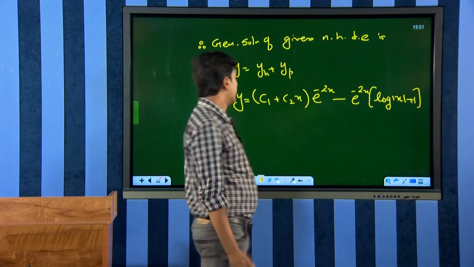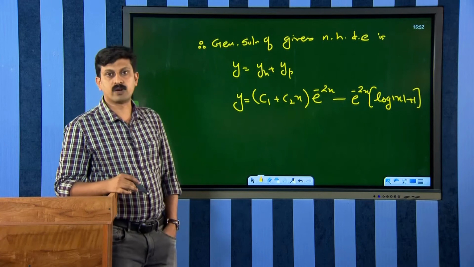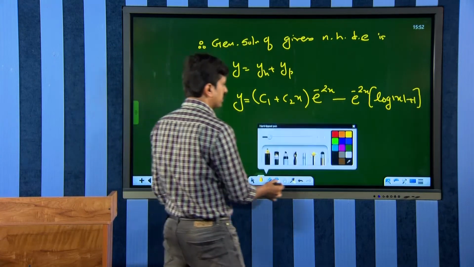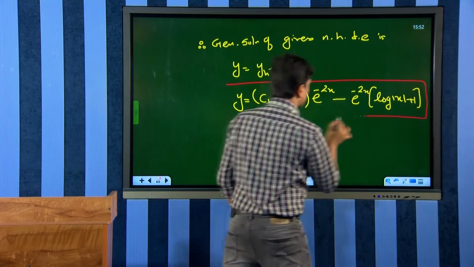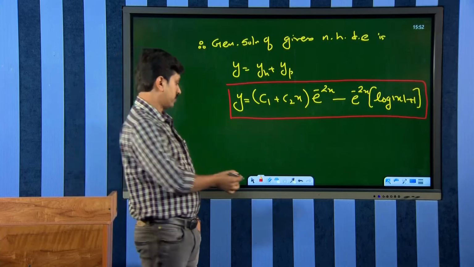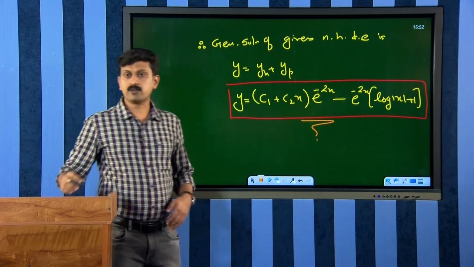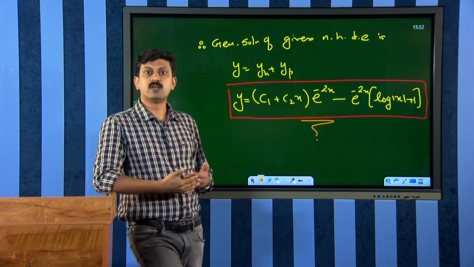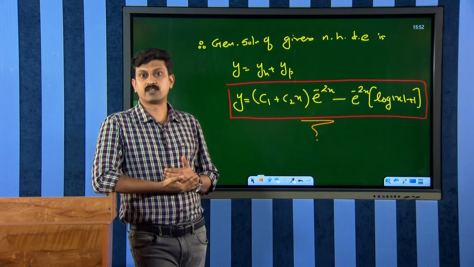Okay, fine. If we need, we can take e raised to minus 2x out. This is the general solution of the given differential equation. By using this method, we can solve many non-homogeneous linear differential equations.